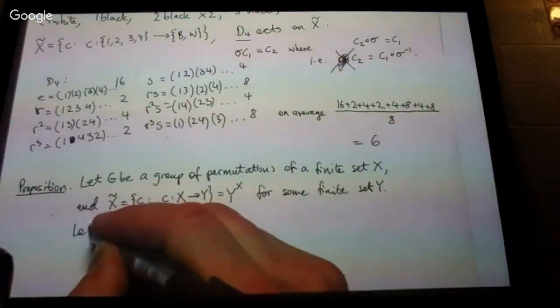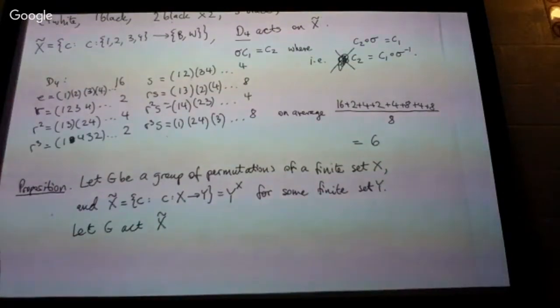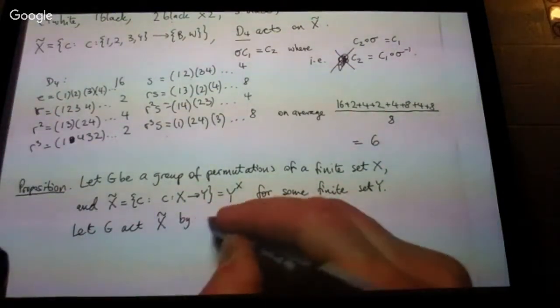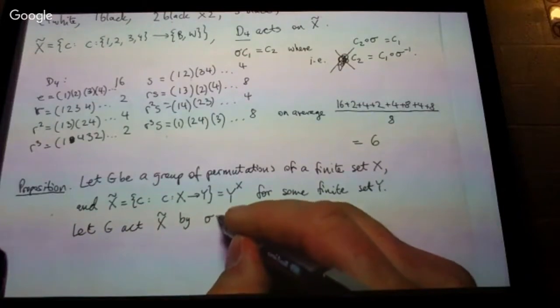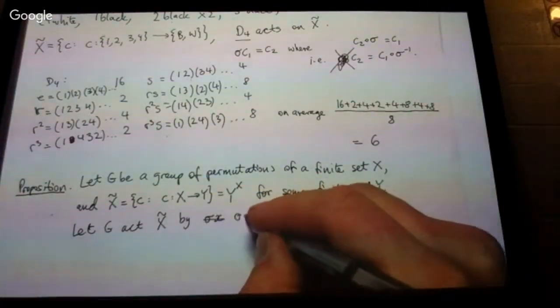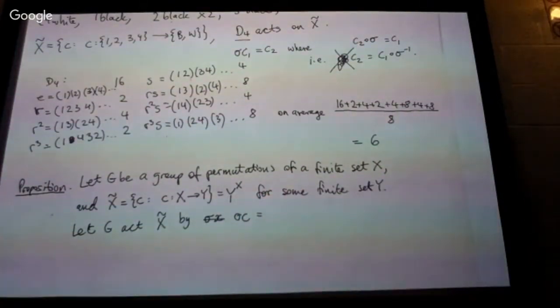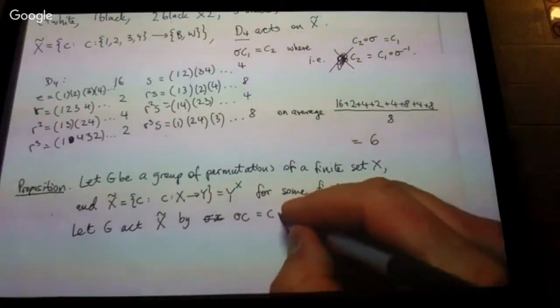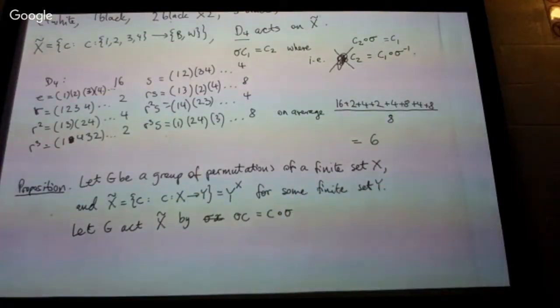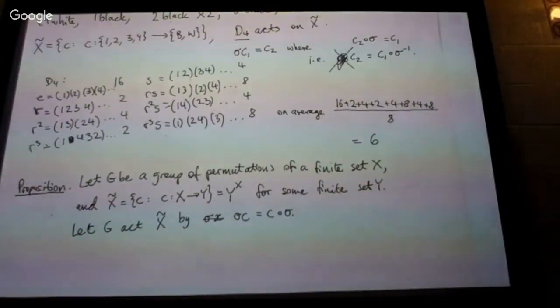And let G act on this x tilde by, so if you take sigma in G and look at what it does to a coloring C, it does C after sigma, or you can take sigma inverse, doesn't matter. Whichever way you write it, it doesn't make any difference.